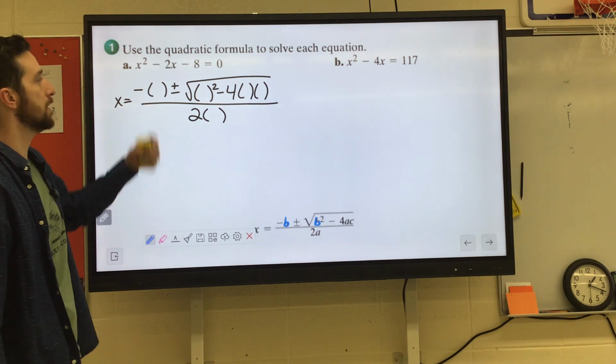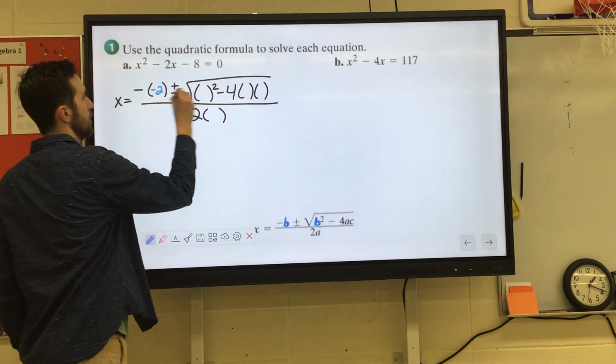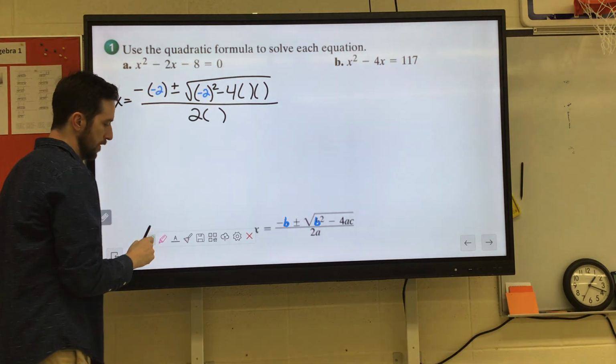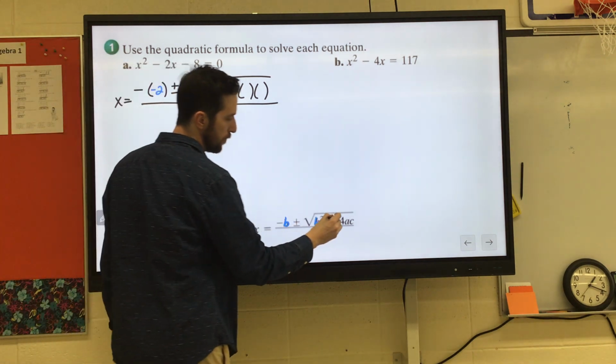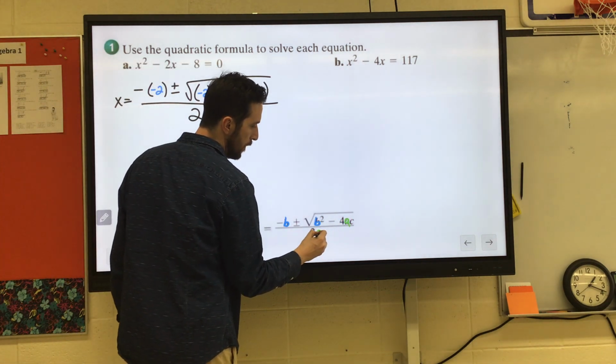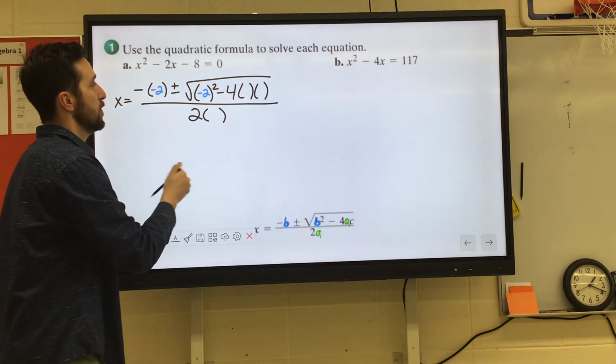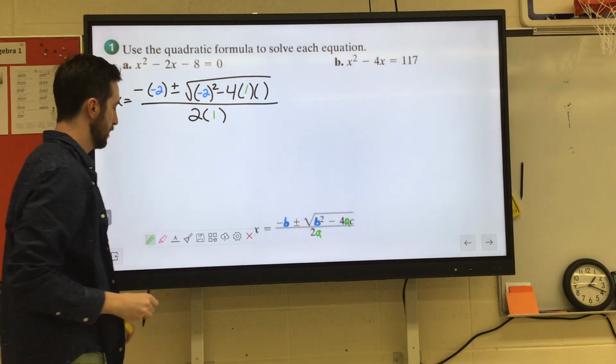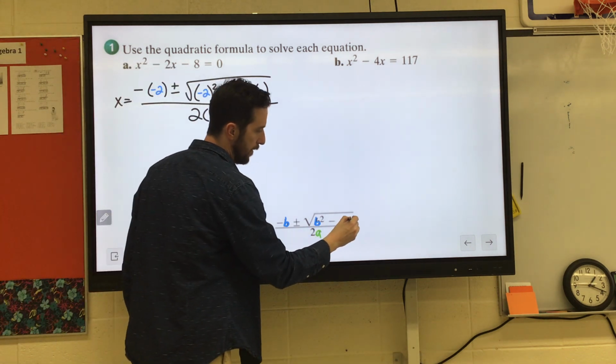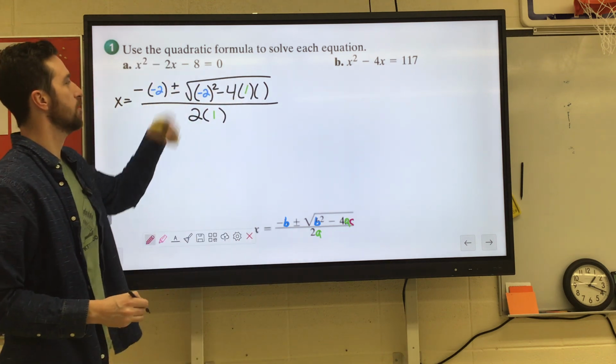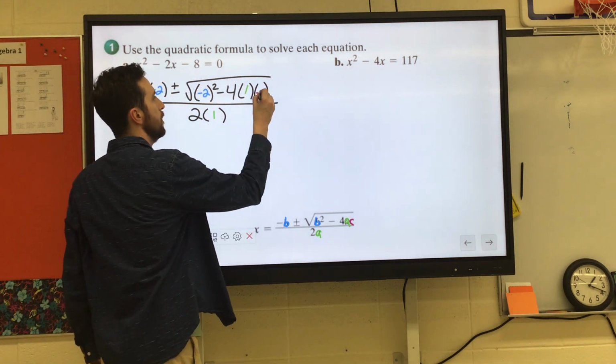And in this case, b is -2. Then we have an a after the 4 and the 2. And our a in this problem is 1 again. And then the c is back here after the 4a. In this equation, c is -8.